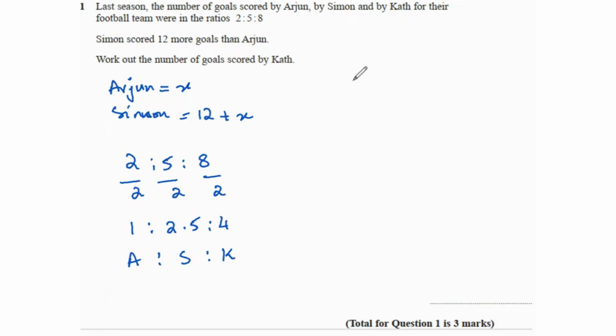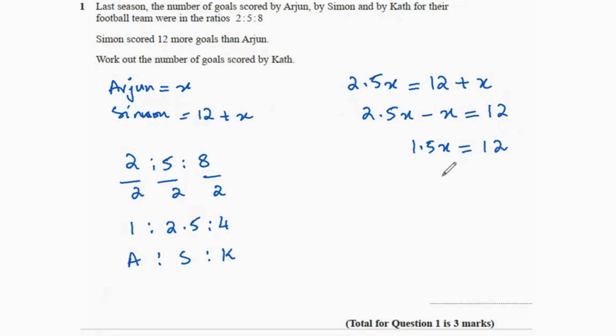So 2.5 times x is the same as 12 plus x, because Simon is scoring 12 more goals than Arjun. So 2.5x minus x equals 12. That's 1.5x. So x would be 12 divided by 1.5, and that gives us 8.